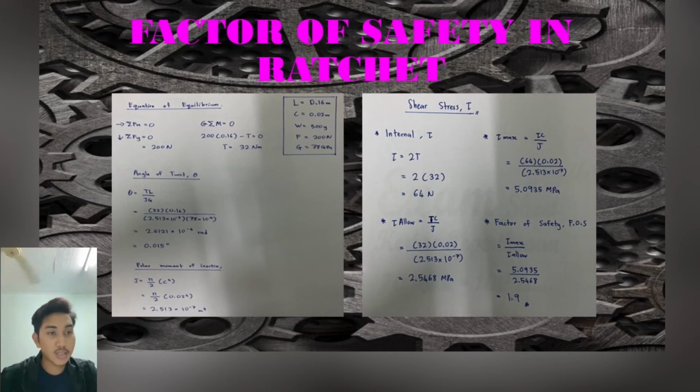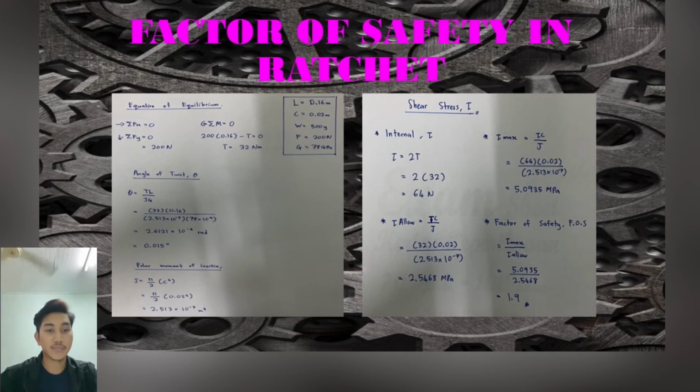The answer we got is 2.6121 times 10 exponent negative 4 in radian, but we want it in degree. We must multiply by 180 and divide by pi. So we got 0.015 degree. It is small because it is the minimum angle that we push for the ratchet.